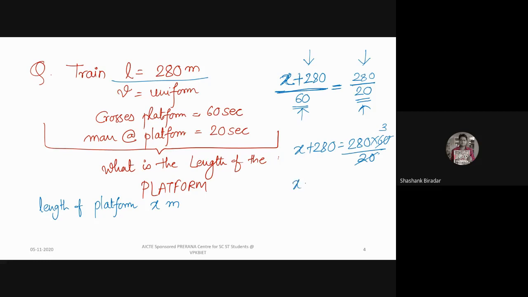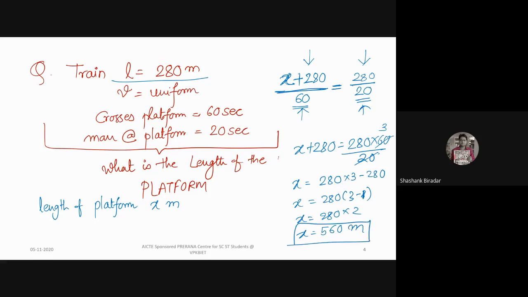Then x equals 280 multiplied by 3 minus 280. So x equals 280 times (3 minus 1), x equals 280 into 2, x equals 560 meters.